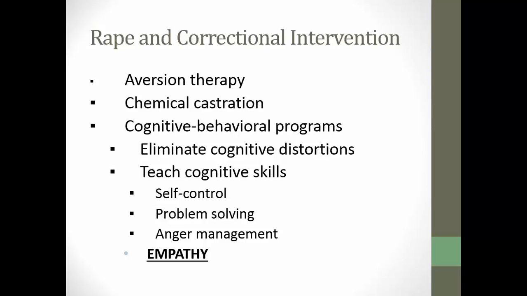Not a lot of them, but it's one of the things people look at and say, well, rape has to be about more than sexual gratification if they no longer have the parts and they still engage in sexual offenses. Chemical castration is essentially shooting them up with hormones to kill the sex drive, and that works about as well as our best programming.